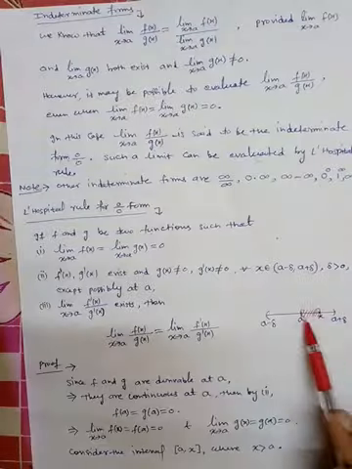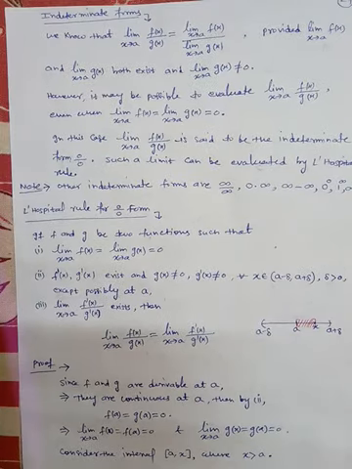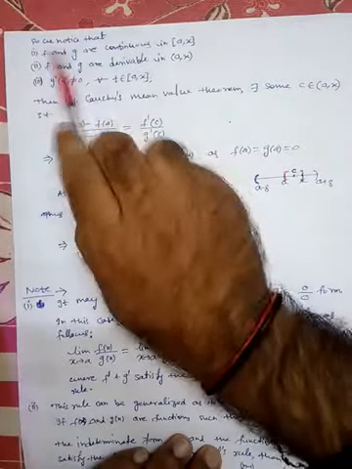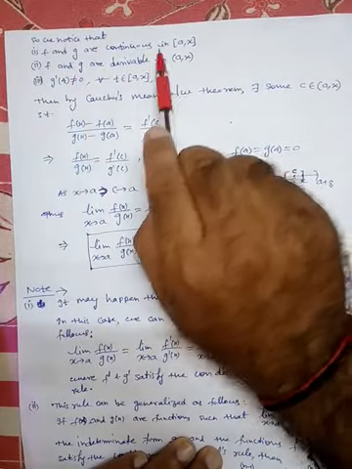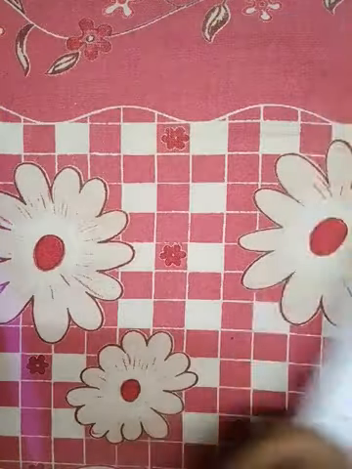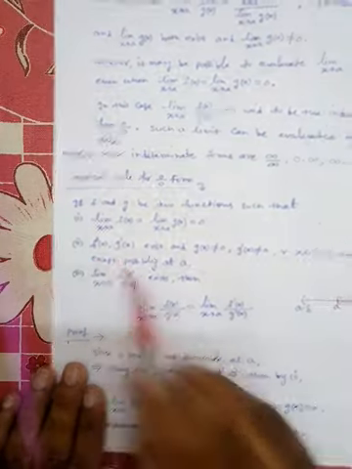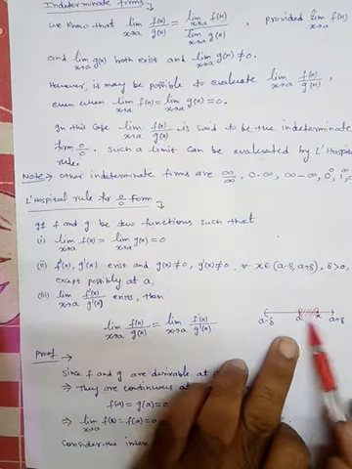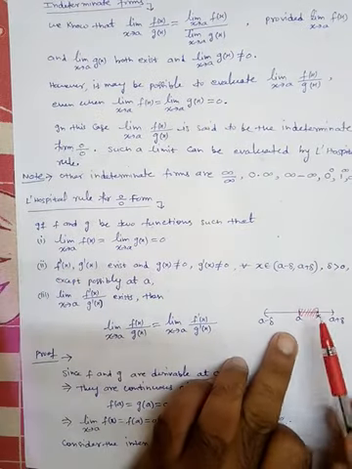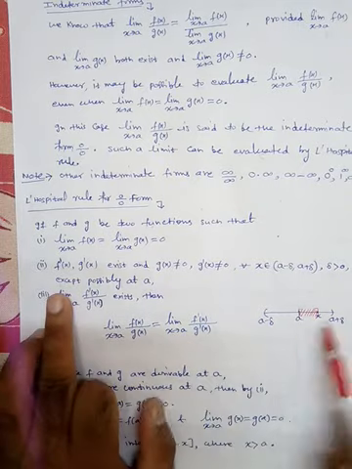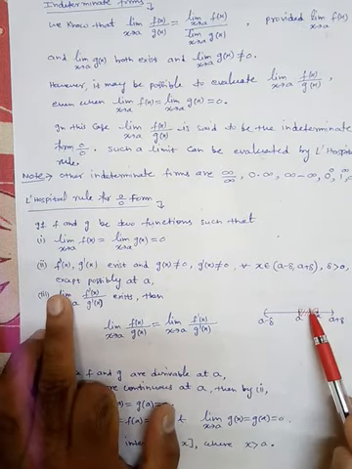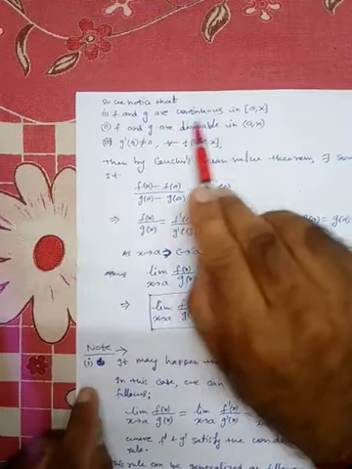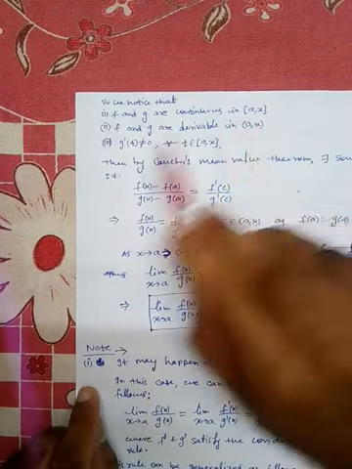Now in this interval, f and g are continuous in ax, because they are derivable in this interval, and hence f and g will be continuous also in this interval. So that's why the first condition holds: f and g are continuous in this interval.